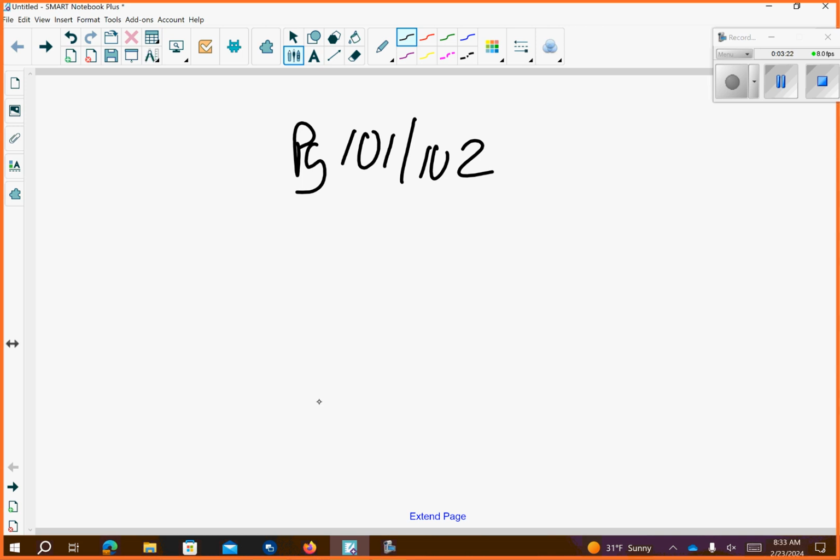What would be the advantage of setting the alpha higher? If we set our alpha higher, remember that alpha goes along with our confidence interval. So if we set our alpha higher, it becomes easier to reject the null. So that is page 101. All right.